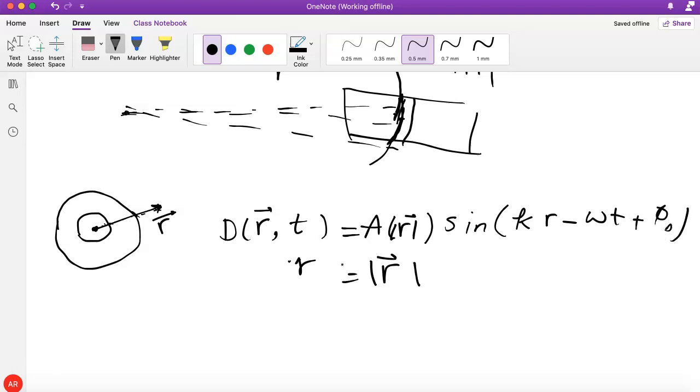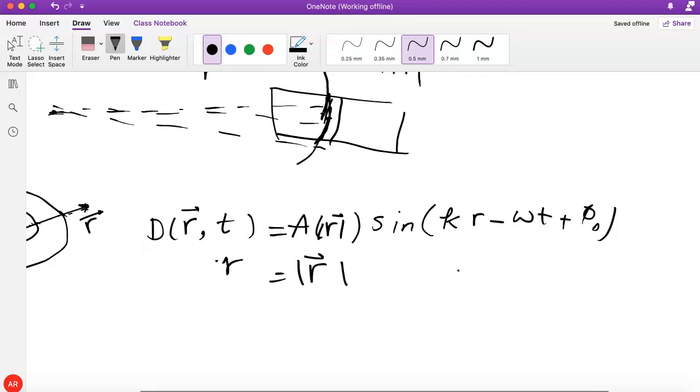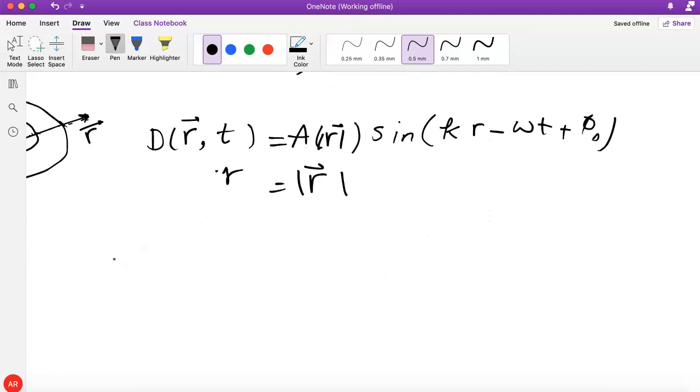So when you go to higher dimensional space, what happens is the amplitude changes as a function of how far you are from the source. But then this sinusoidal part can have the same mathematical structure. And again, k is just 2 pi over lambda, and omega is 2 pi over the period, or 2 pi times the frequency.